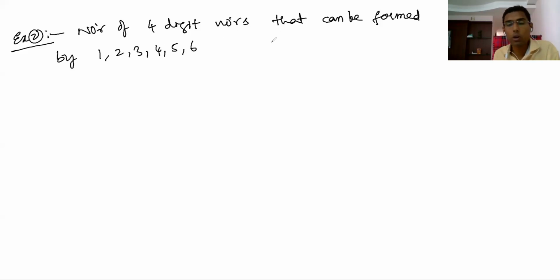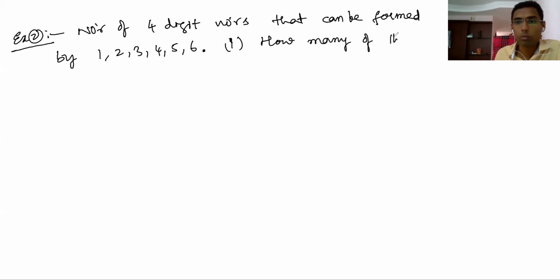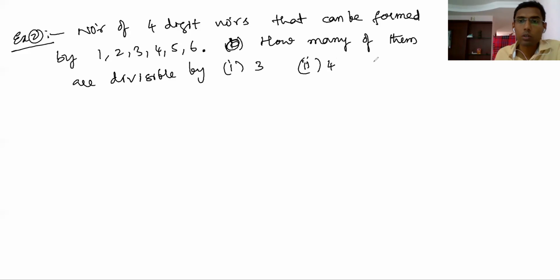Okay, 4 digits that can be formed by these 6 digits. Okay, then the question is how many of them are divisible by question number 1, 3, question number 2, 4, question number 3, 5.